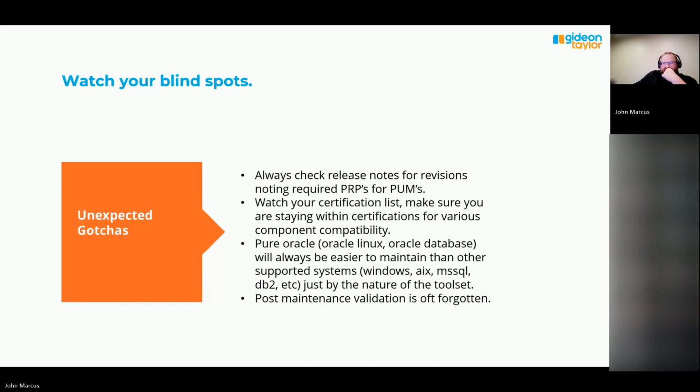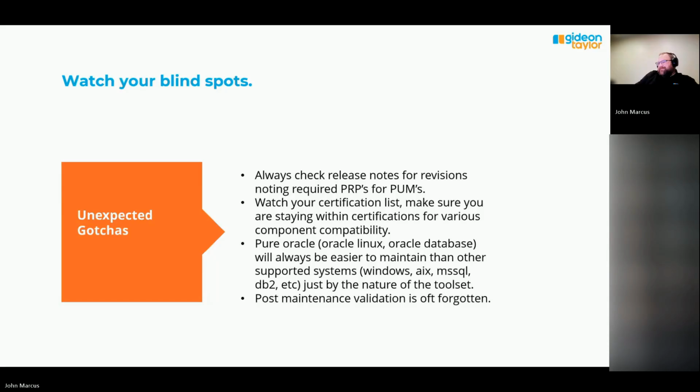And I put this in the unexpected gotchas. I don't know that it's right there, but post-maintenance validation is something that never gets much love. When you're doing something, you always have to verify that your maintenance worked. You go in, check the feature you moved, or have the functional or the business go test it in production once it's in there, and make sure that what you did had the effect you thought it did.